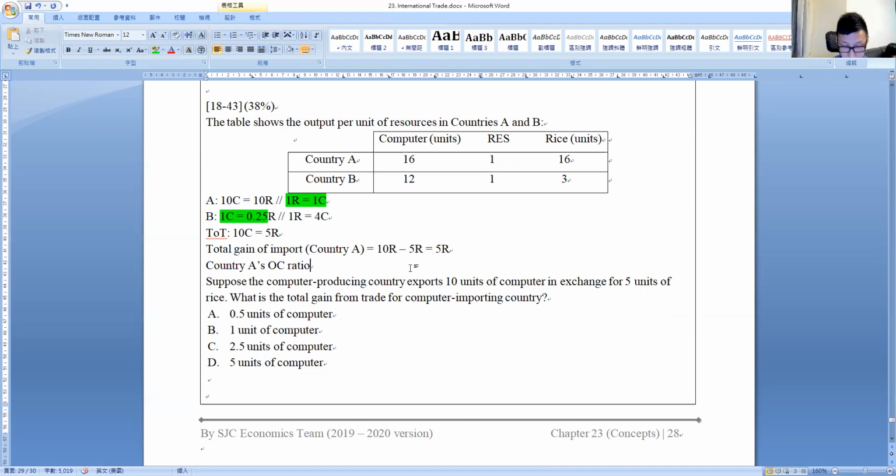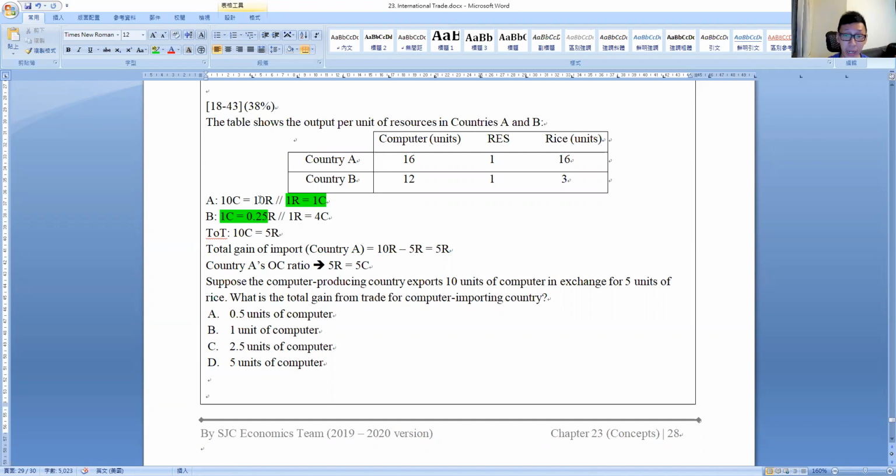Therefore, 5R would equal 5C. You're lucky. How come this 5R would equate to 5C? Because the opportunity cost of country A happens to be 1:1. Next time they want you to die, they do not give you 1:1. Then, good luck.